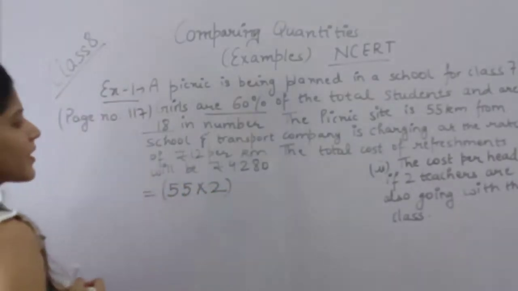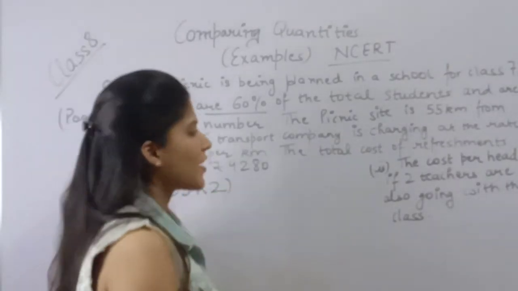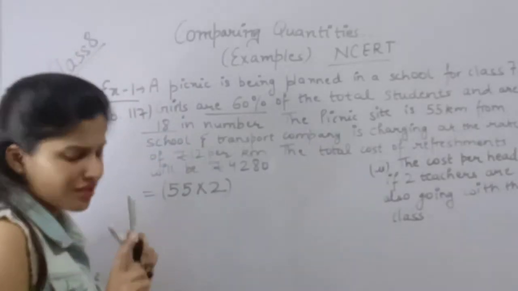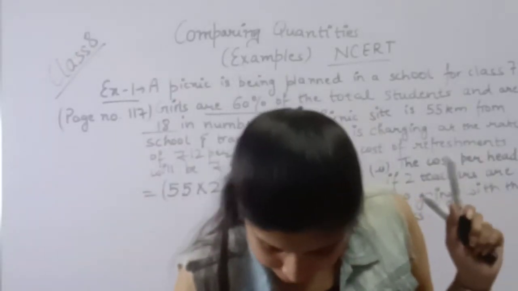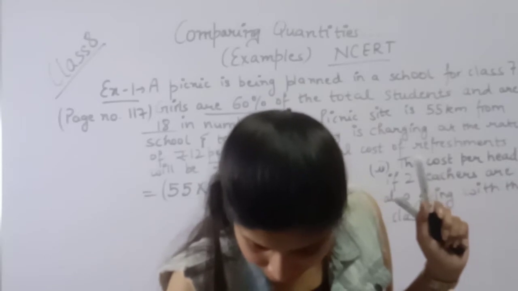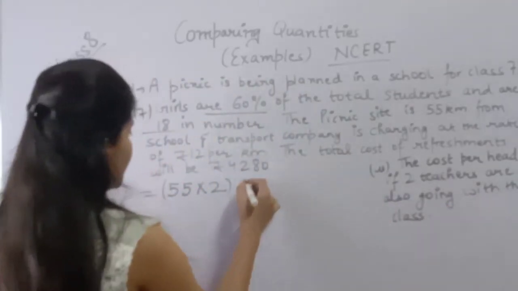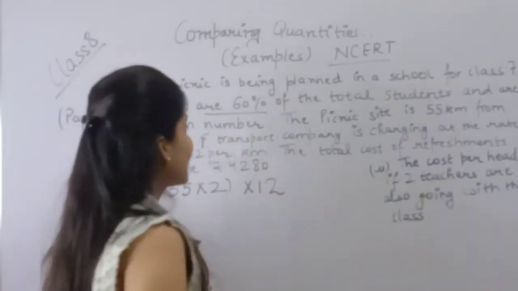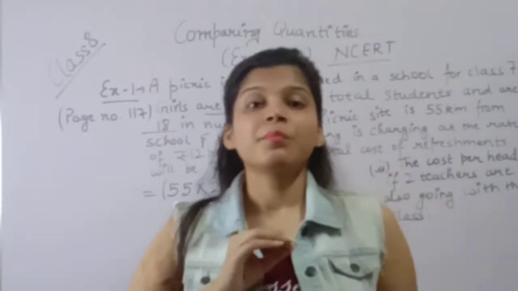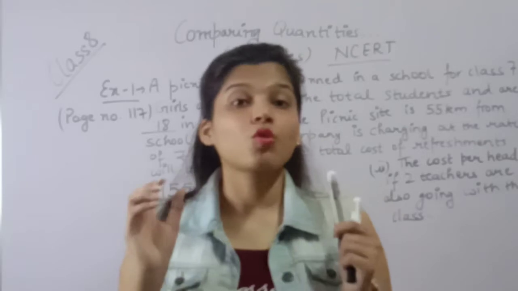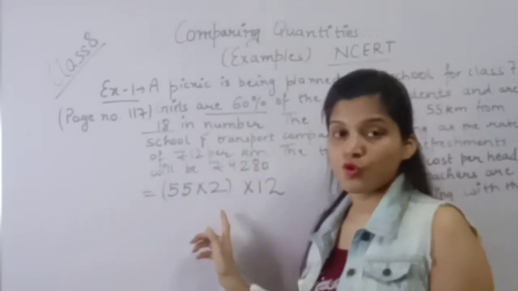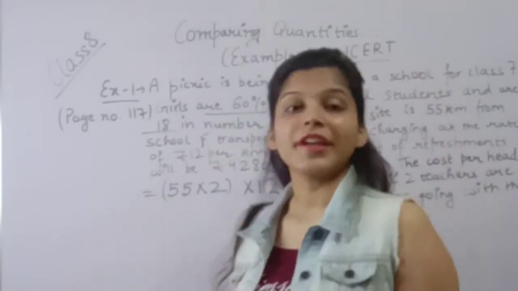And also it is given that the transport company is charging at the rate of rupees 12 per kilometer. So into 12. Why? Because 12 rupees per kilometer charge हो रहे हैं. So total kilometer कितना है 55 into 2. So 55 into 2 into 12 करेंगे.